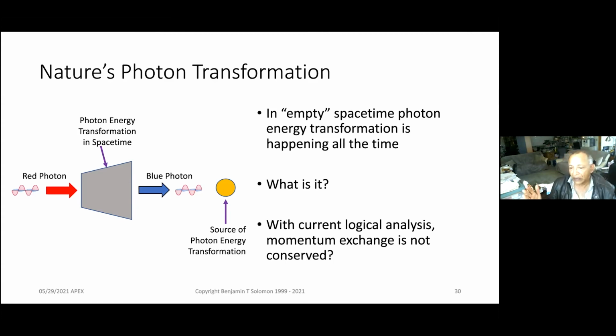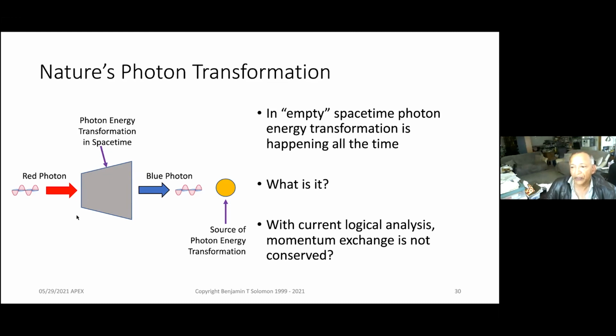So why do people say that momentum exchange is not conserved? At this end of the region of space, you have one set of momentums, and at the other end, you'll have another set of momentums.